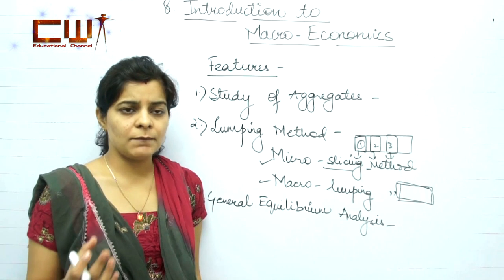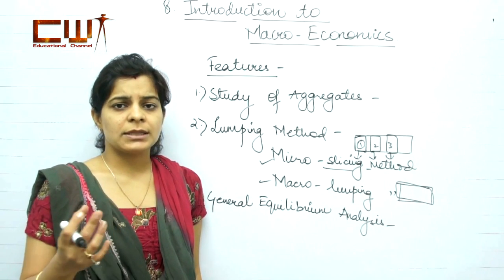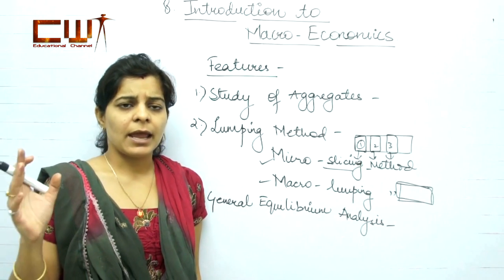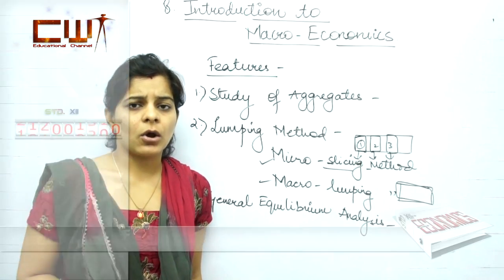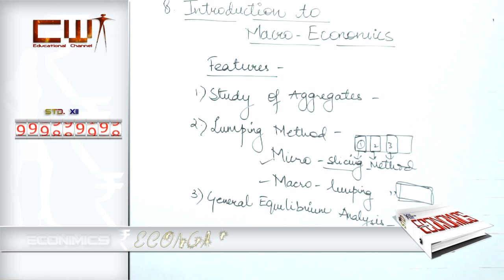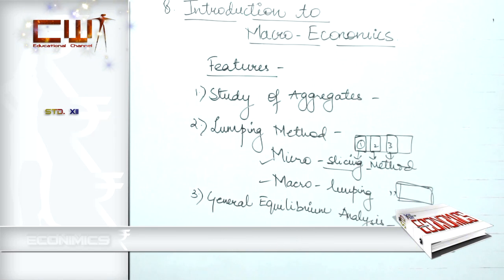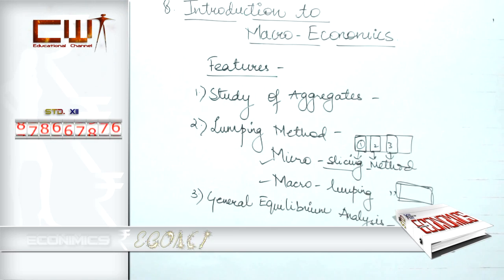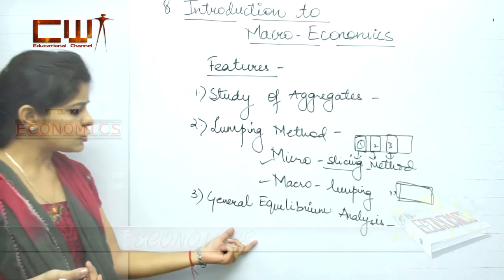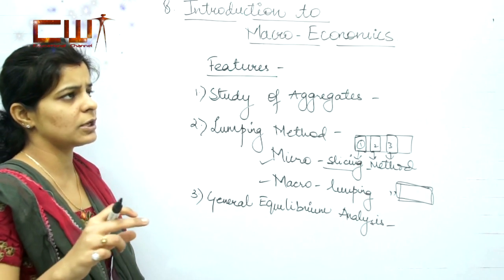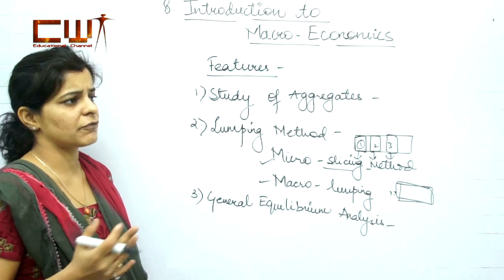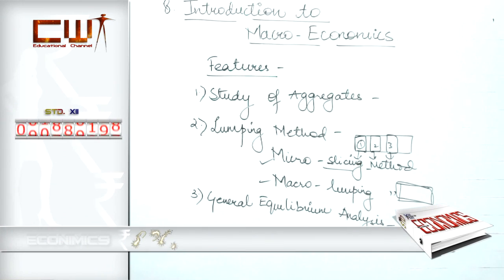If there is more income, there is more consumption, then savings and investment, and then again the total output increases and income increases, and all those things take place in the economy. That is how you determine the general equilibrium: the investment, which in turn may affect employment, and finally economic growth. You get the general equilibrium analysis when you study the whole chain and see how many factors are affecting each other. So this is a feature of macroeconomics.